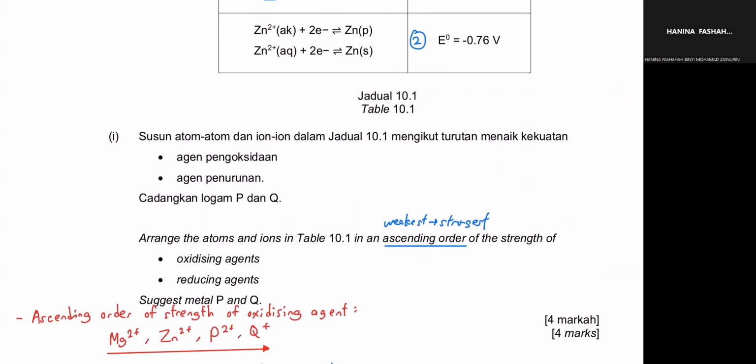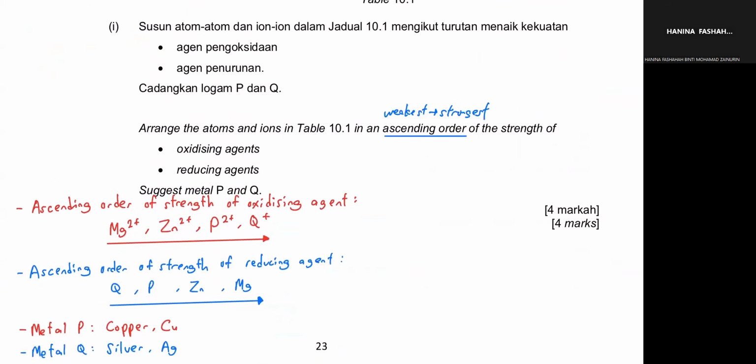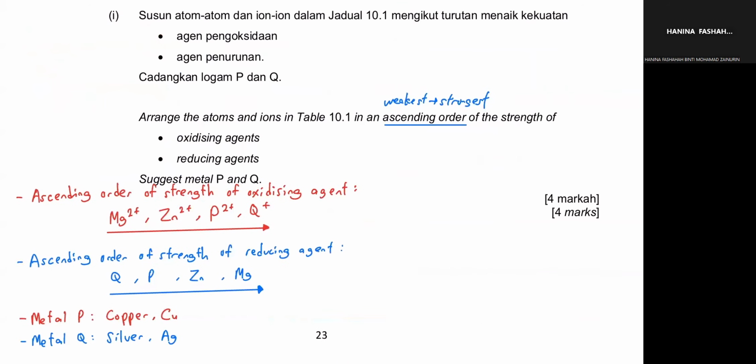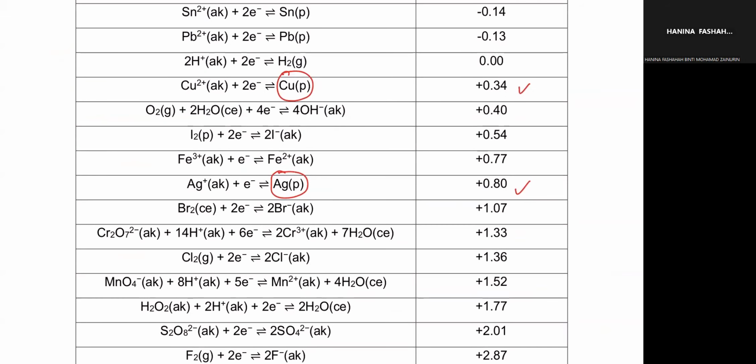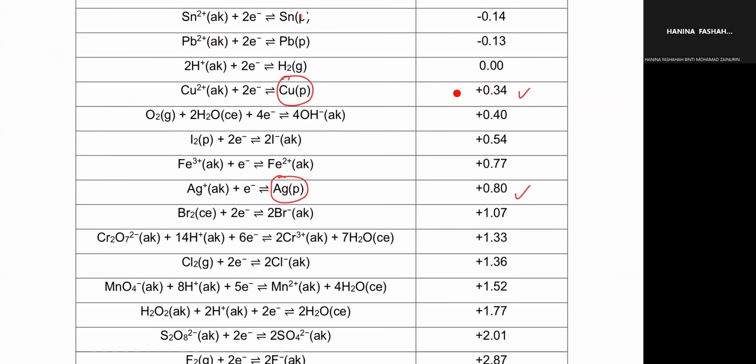Actually, the answer is Cu and Ag, metal P and Q. P copper, Q silver. If you notice, the positive 0.34 is talking about copper, positive 0.8 silver.